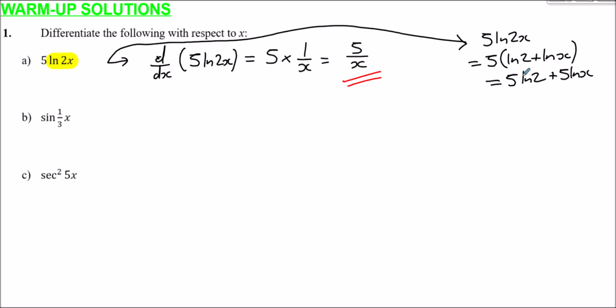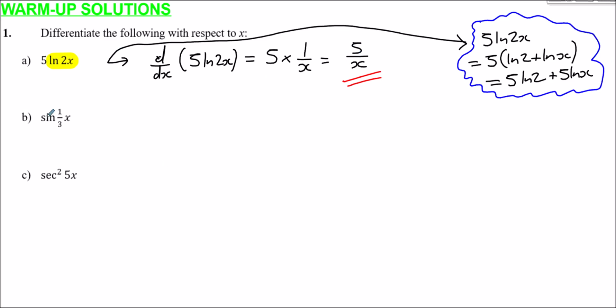When you differentiate it, that constant will disappear because 5 ln 2 is just a number, and 5 ln x, I'm hoping, is more convincing to you that that will differentiate to just 5 over x. So if you forgot or are a bit rusty, that's why it's the case, and hopefully that's convinced you why the answer is 5 over x for that derivative.